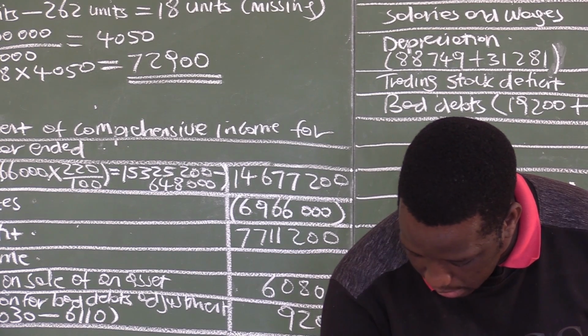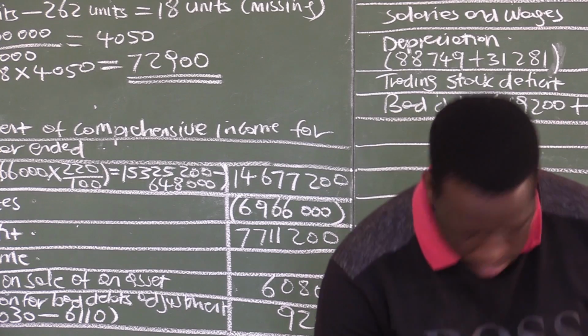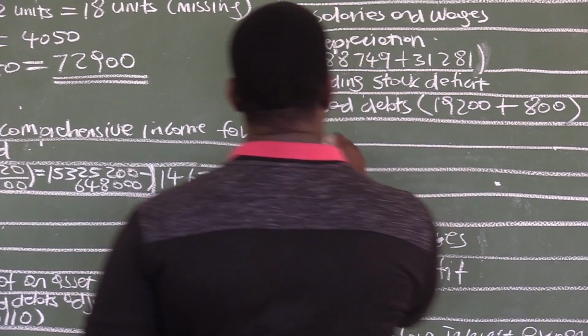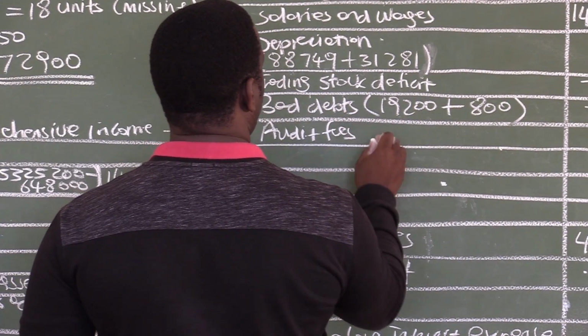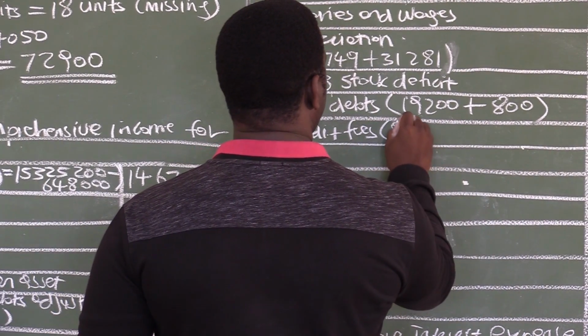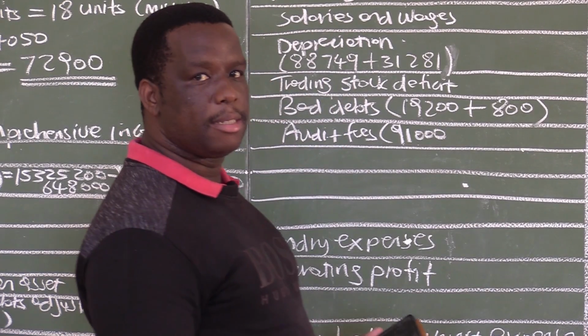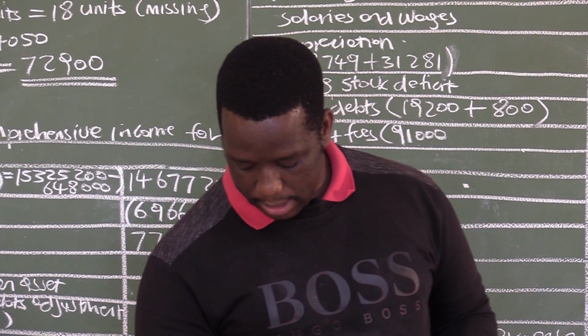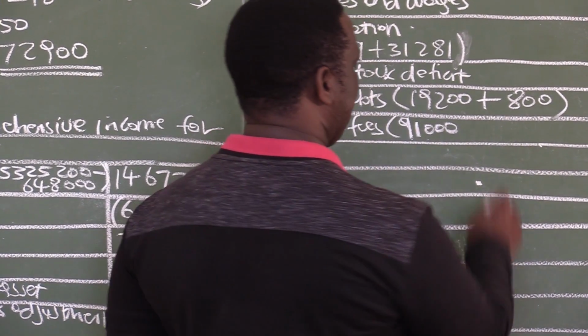The audit fees that were paid, which is 91,000, that's an expense, is only 70%, because 30% is still outstanding. So now we don't want 70%, we want 100%.